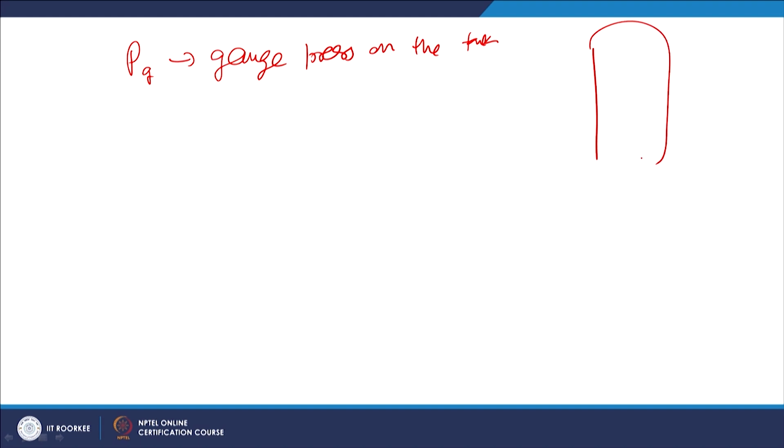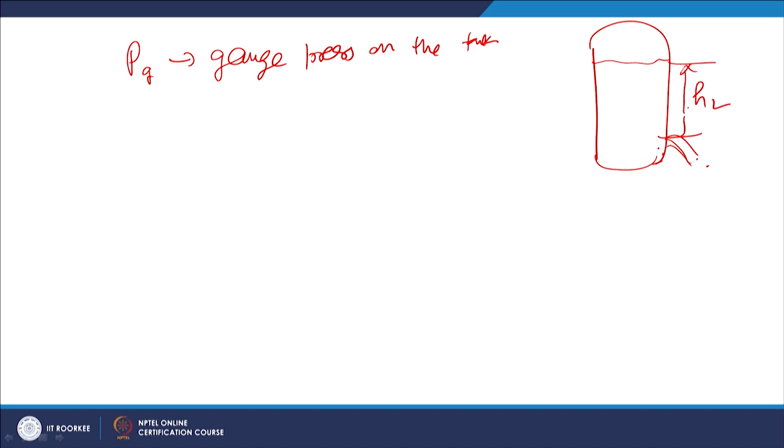So the assumptions we have taken: Pg is the gauge pressure on the tank. I am again redrawing the tank figure over here. Here is the hole. This is the liquid level.